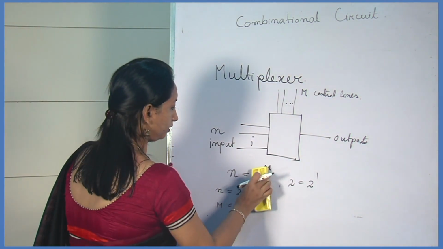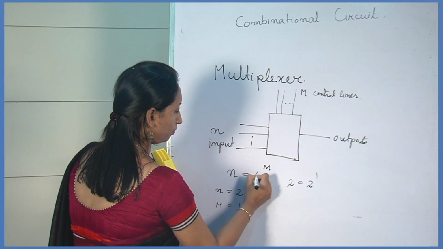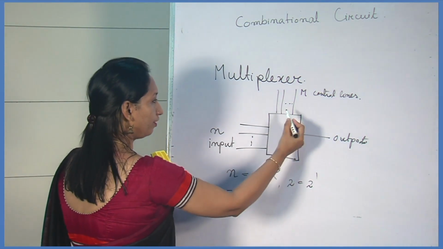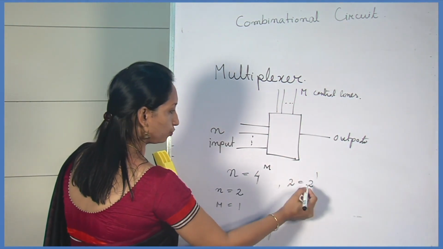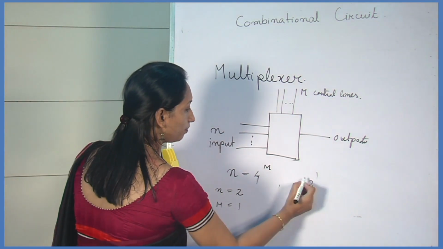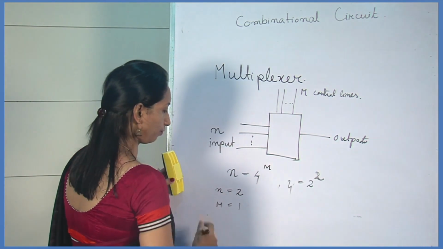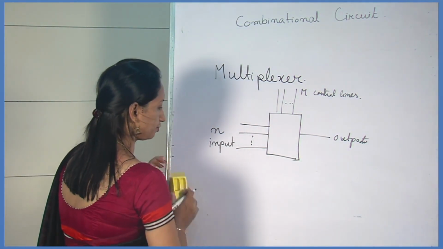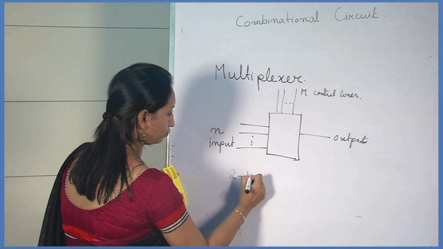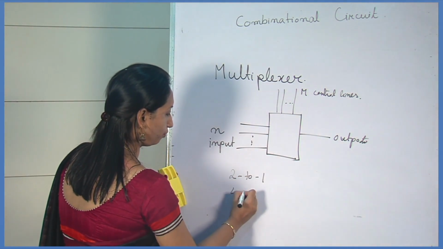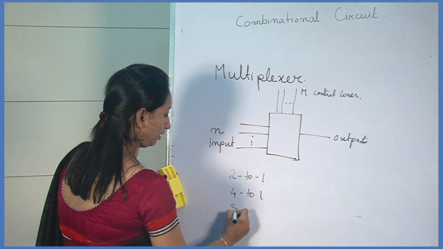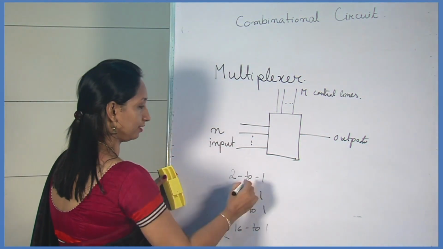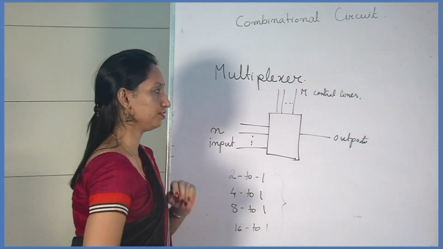Again, if we consider the input is 4, that means 4 input signals applied to a multiplexer, then the number of control lines will be 2, because 2 to the power 2 is 4. Similarly, some examples of multiplexers are 2 to 1 multiplexer, then 4 to 1 multiplexer, then 8 to 1, or 16 to 1 multiplexers. Here the output is always 1.